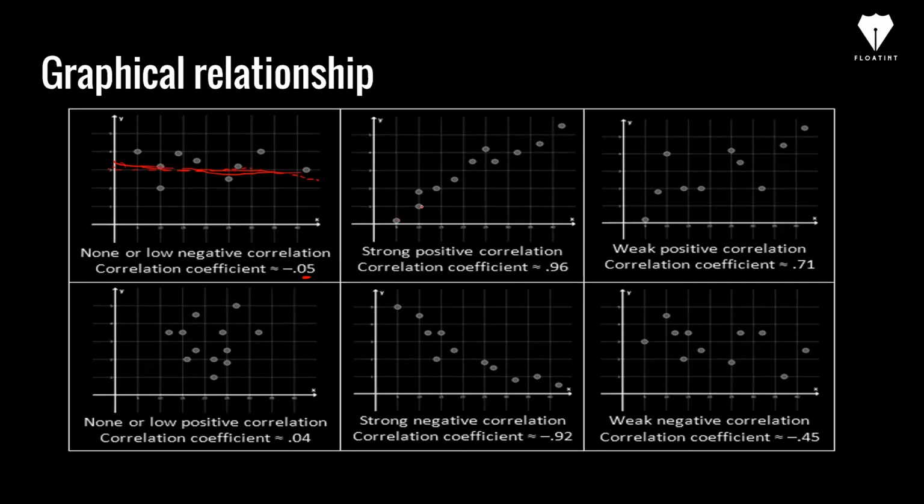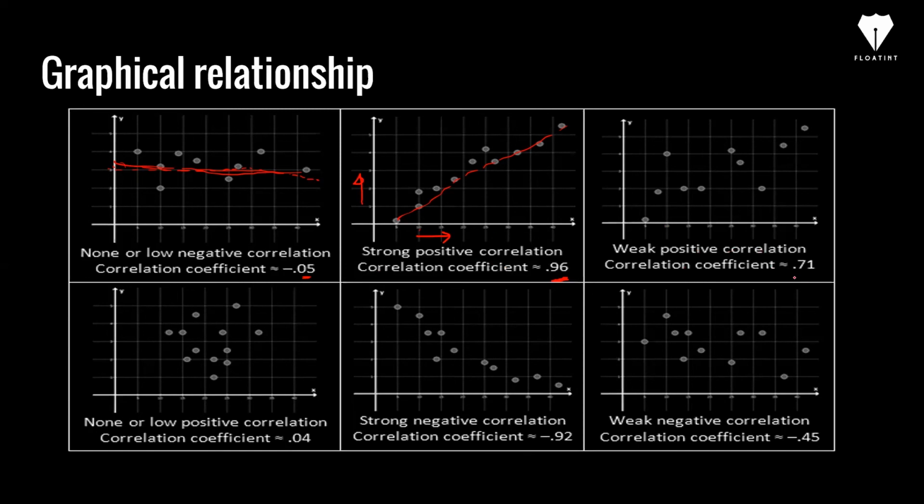This one is a pretty linear line. If one value is increasing, the other will also increase, and this value is coming out to 0.96. It means it is positively correlated, and the value is very high.